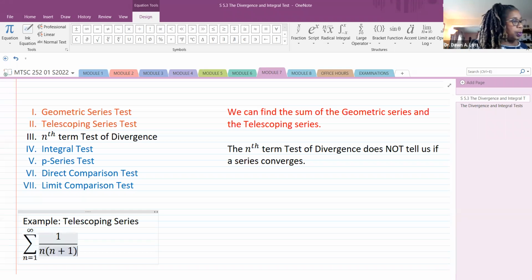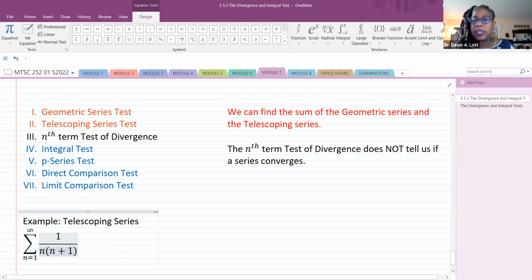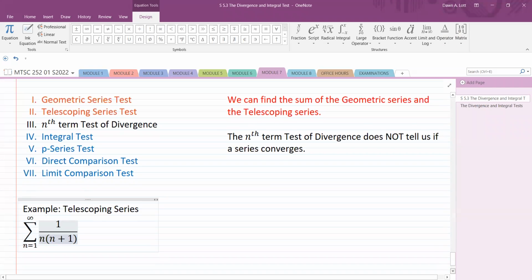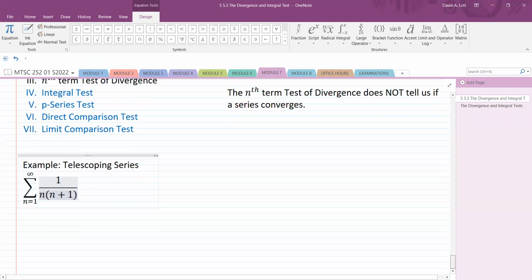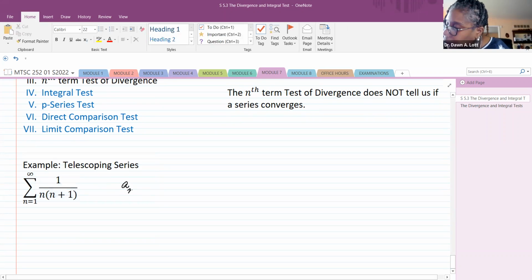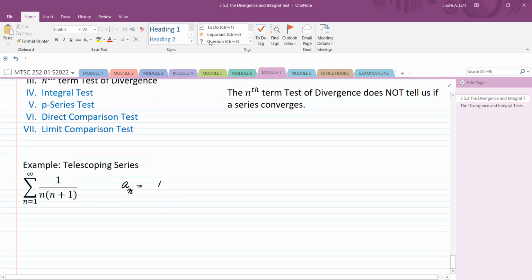Okay, that's a telescoping series. So what is a_n? That's what I'm asking you, Peyton. What is a_n? It is 1 over n times n plus 1. Good. Okay, so a_n is 1 over n times n plus 1.